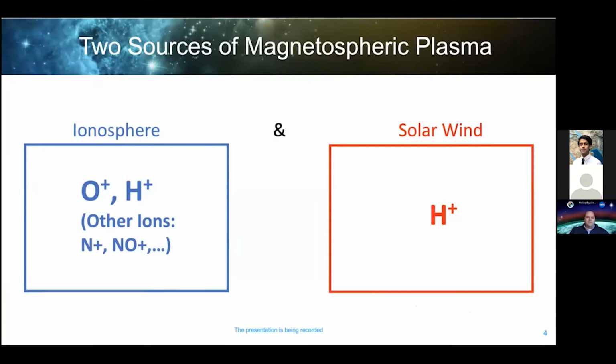And you have the ionosphere, which is providing protons as well as heavier ions such as oxygen and N+, NO+, and other species as well. Where the plasma comes from can have significant impacts for the magnetosphere as a whole.